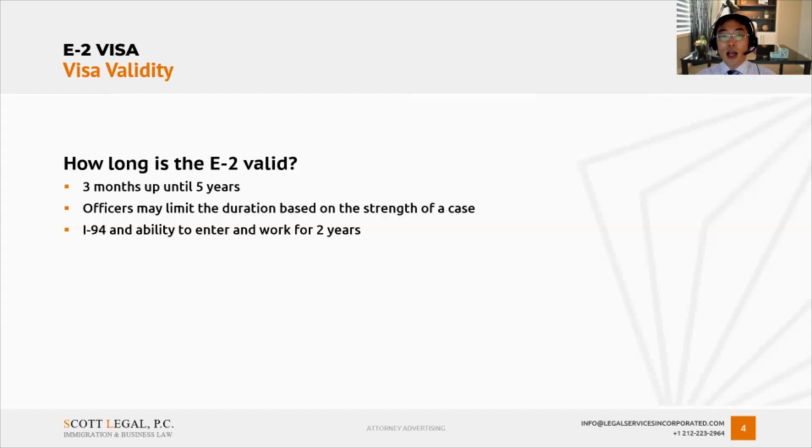No. Regardless of the visa validity duration, you will typically get 2 years of E2 status when you come to the United States. So you could run your business for 2 years, but once you go out of the United States, you may have to reapply and renew your E2 visa again if your E2 visa validity is very short.